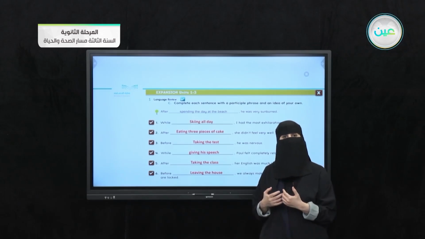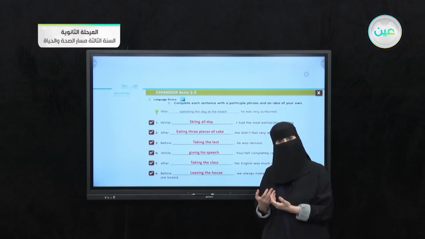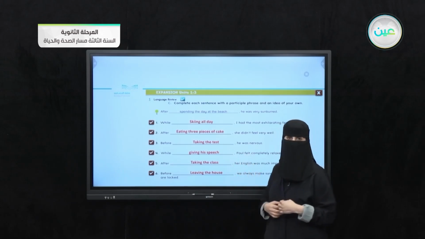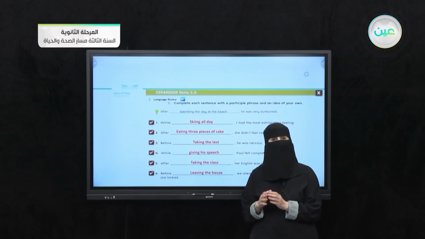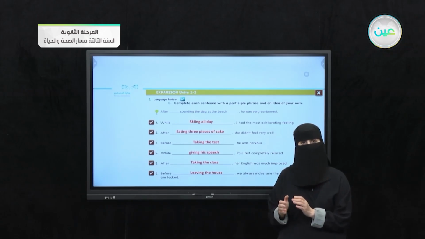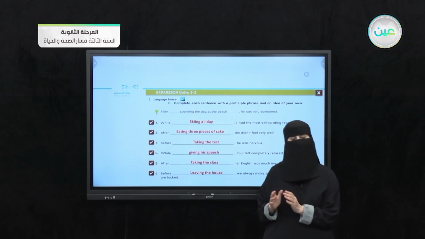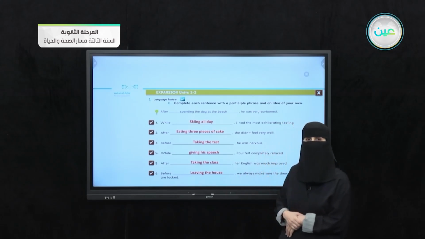I showed you that this grammar is on page 22 from Unit 2. And the last point, we talked about how to make a sentence with your own idea, applying the reduction of adjective phrases to make a noun clause through this question.